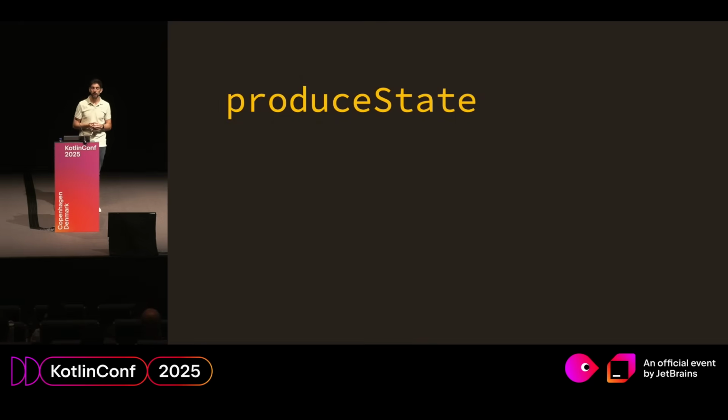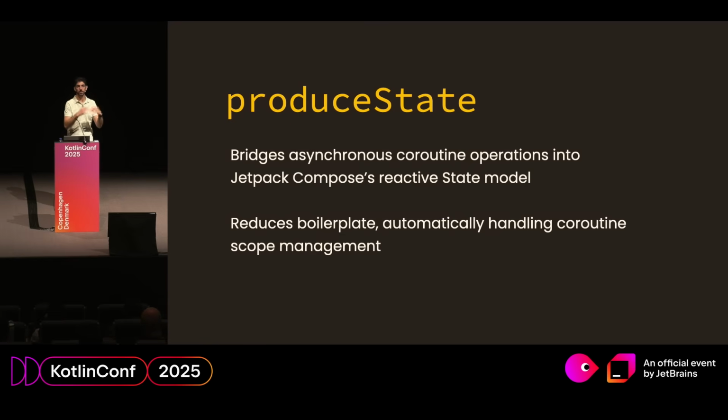And then the other API that we're going to be using is produceState, and this is a Jetpack Compose API that is going to allow us to bridge the asynchronous code that we might be having in coroutines into Jetpack Compose's reactive state model. This is going to tell the engine to recompose whenever we are reading a particular state value. And it's nice because it's going to reduce boilerplate.